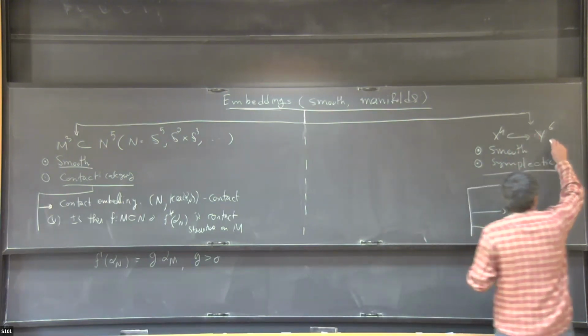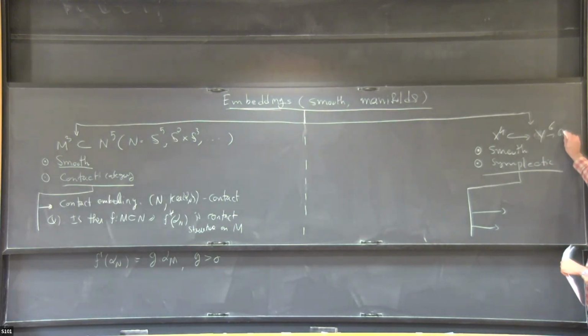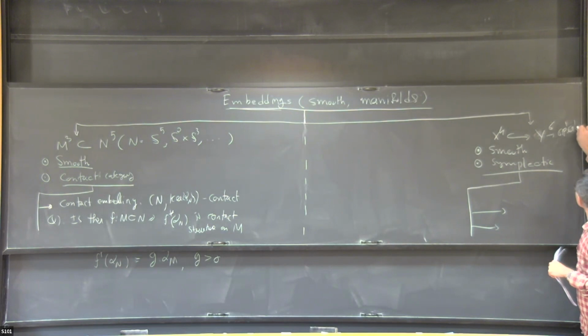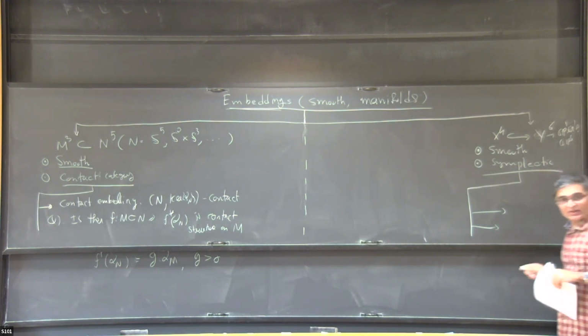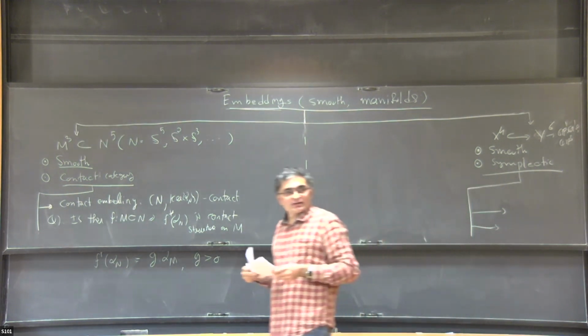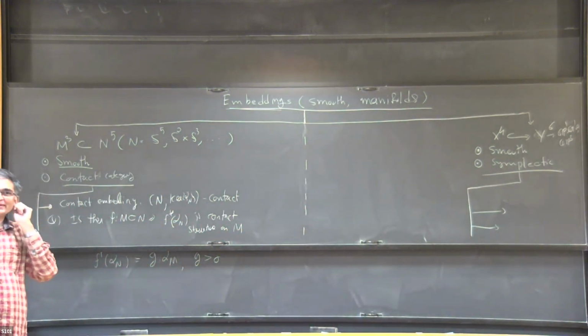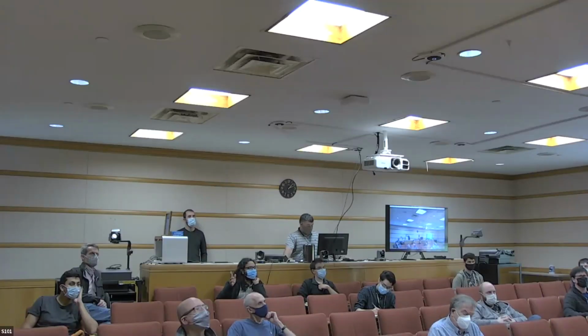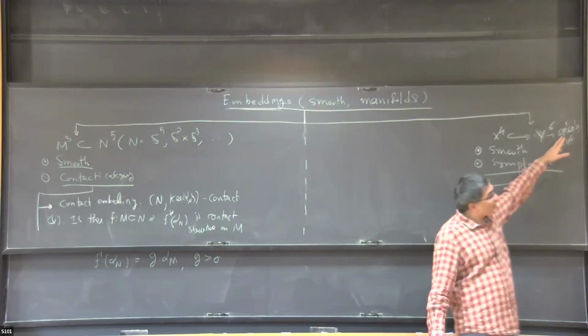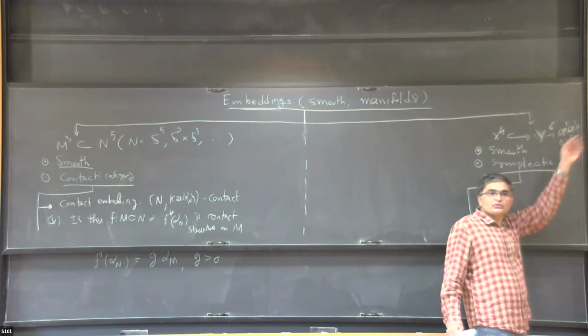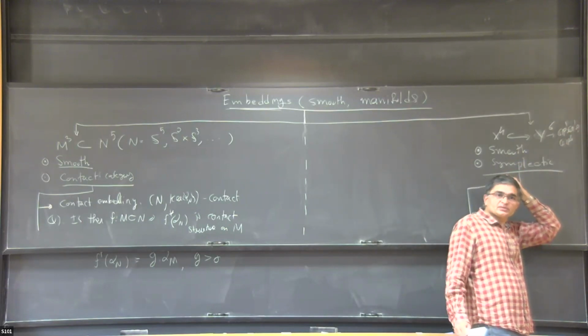So you can think of this manifold as something fixed, like CP1 cross CP1 cross CP1 or CP3, some standard symplectic manifold, which is somewhat simple. When I talk of the second question, I fix the symplectic structure on Y and try to see whether all of them go inside.